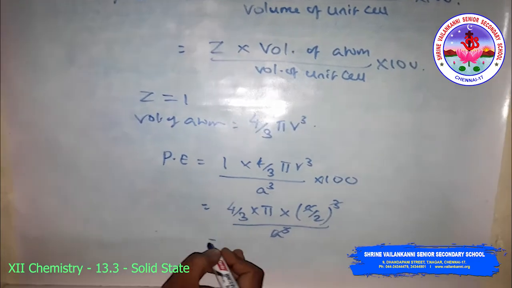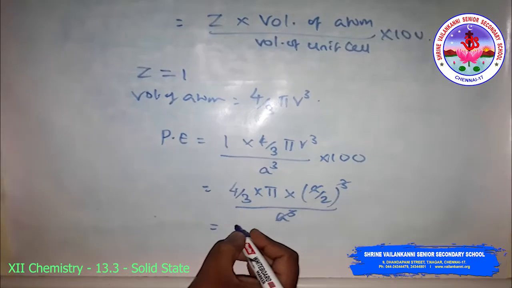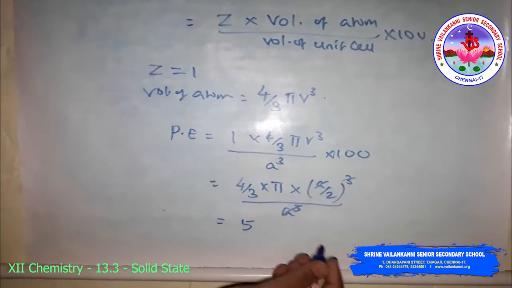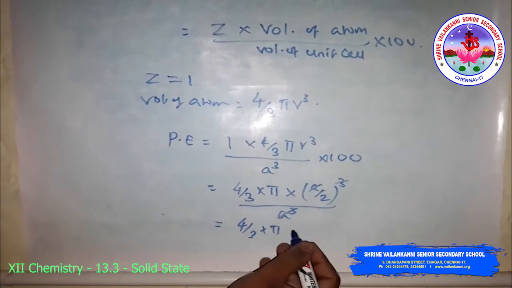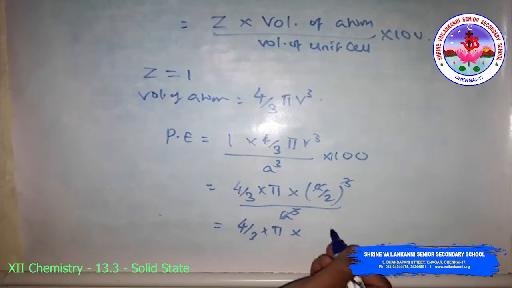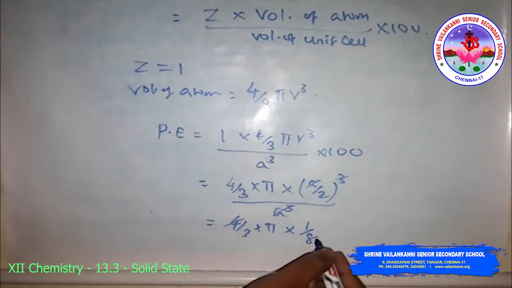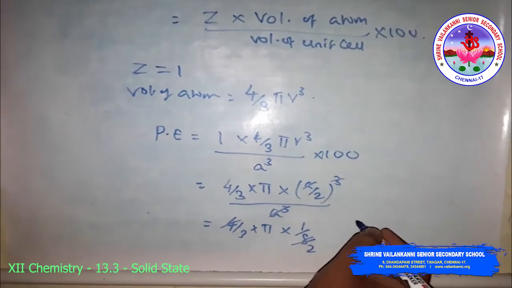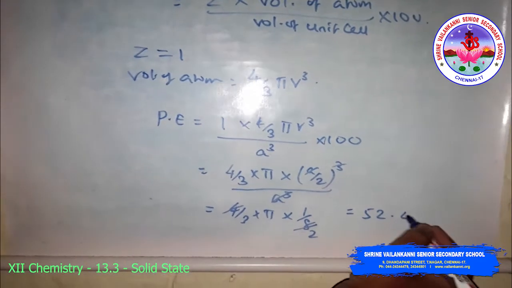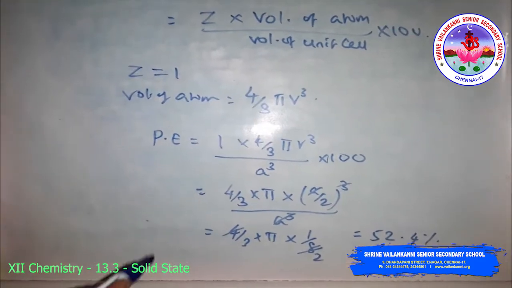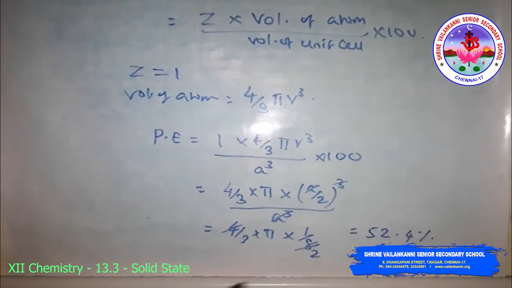Then after calculation, 4 by 3 into pi into 1 by 8, so you will get 52.4 percent. For simple cubic, packing efficiency is 52.4 percent.